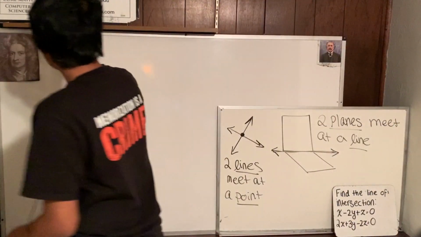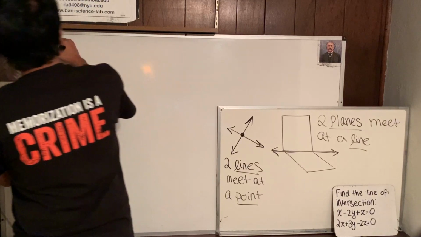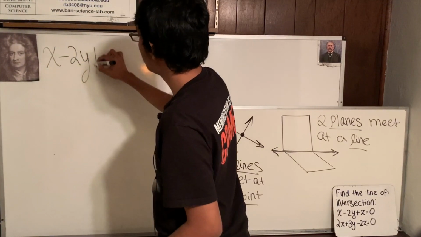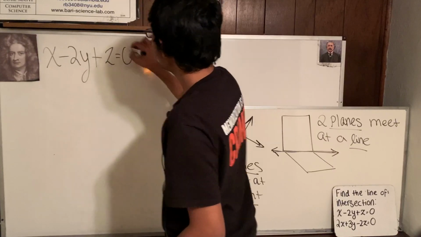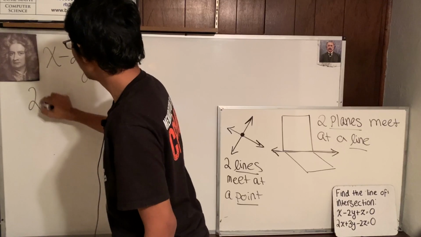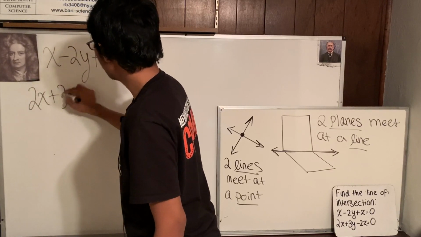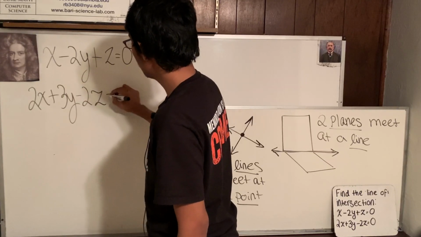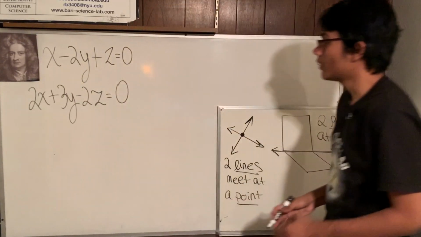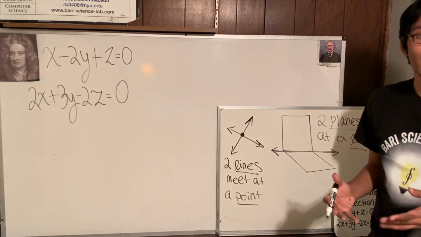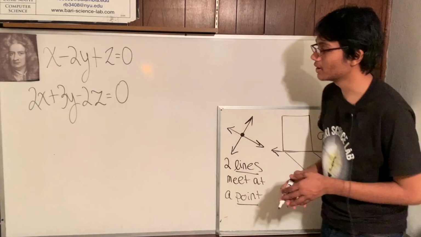We got x minus 2y plus z equals 0. And what's our second equation? 2x plus 3y minus 2z equals 0. So we got two equations and we want to find the line of intersection between these two planes.